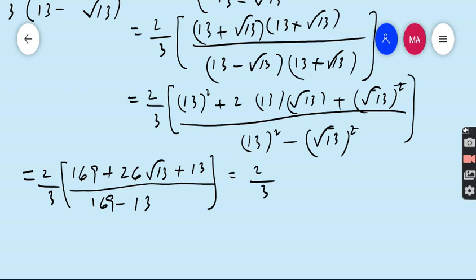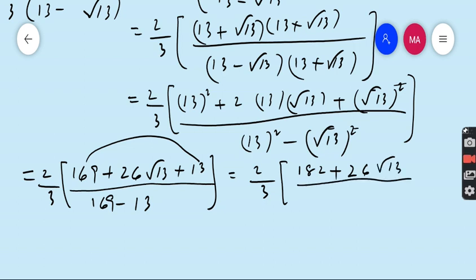So finally 2 upon 3, 169 and 13 is 182, plus 26 root 13, upon 169 minus 13, which is 156.